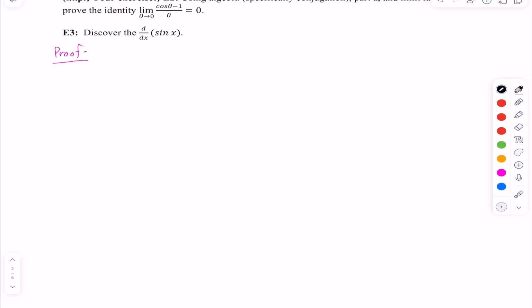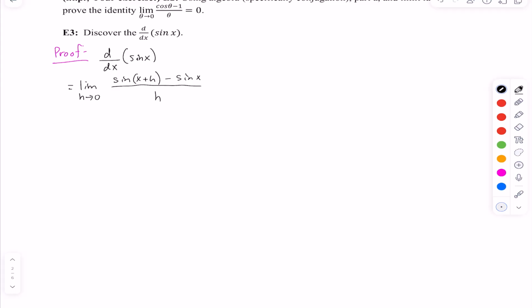The expression that we're going to begin with is the derivative of sine of x. Now, by definition, if this is going to be a derivative, we're going to simplify the limit as h approaches 0 of the respective difference quotient. So I have to write the sine of x plus h minus the sine of x all over h.